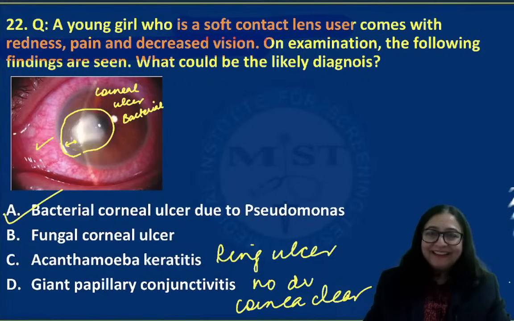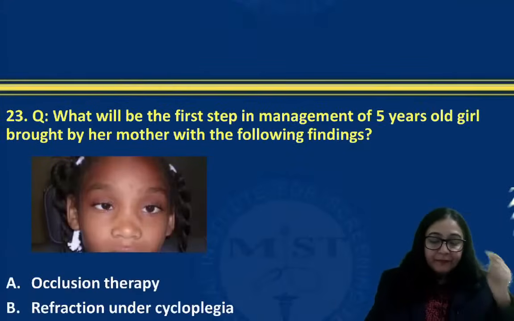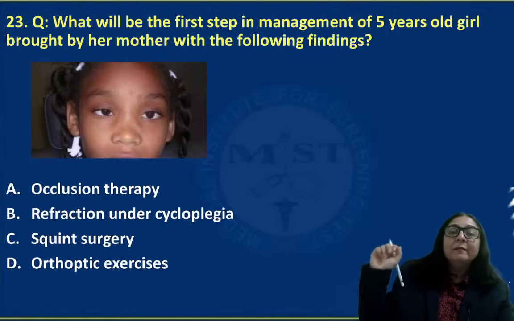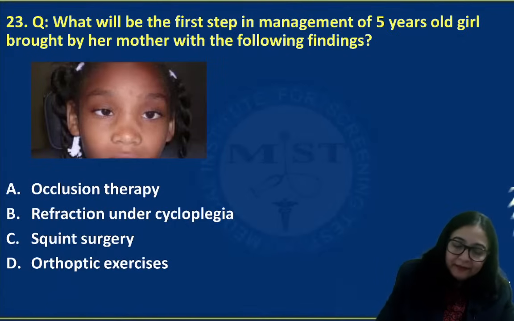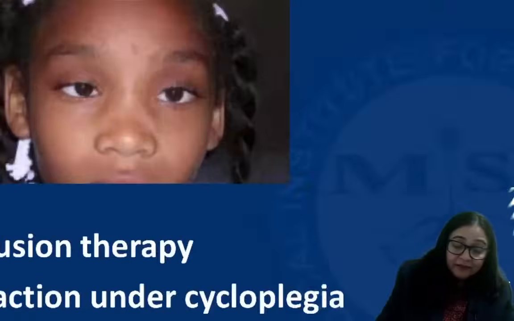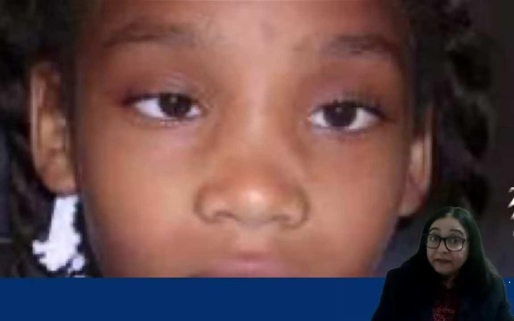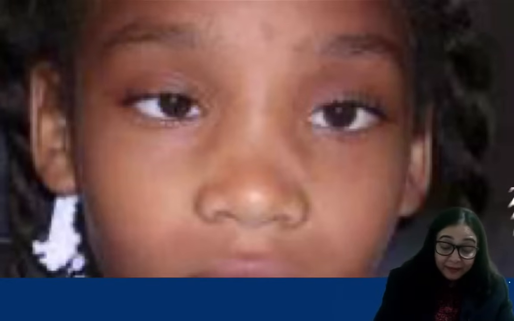Right? Okay, moving on to the next question, bache. What will be the first step in management of a 5-year-old girl brought by her mother with the following findings? Okay, so the age of the girl is around 5 years, and these are the findings which you see in the eye. Okay, so what do you see in the eye here, beta?